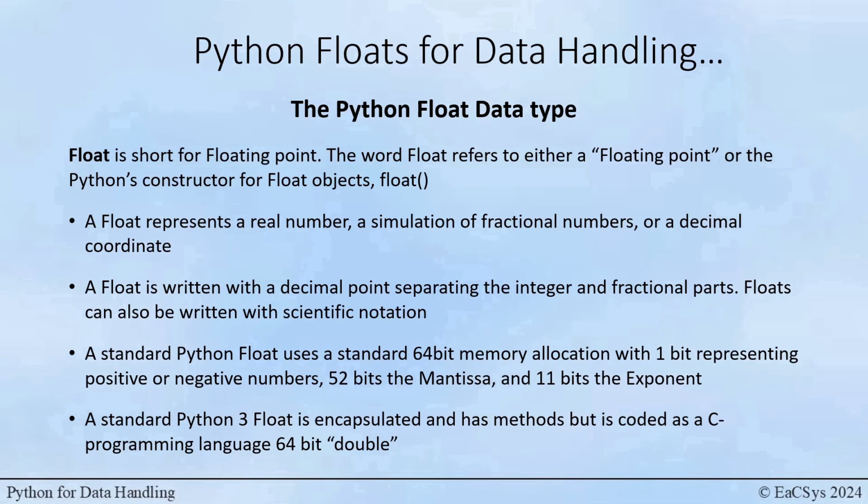Currently in Python 3, floats are defined by using 1 bit for designating if the float is positive or negative, 52 bits for the mantissa, and 11 bits for the exponent, for a total of 64 bits or one standard 64-bit RAM memory location.